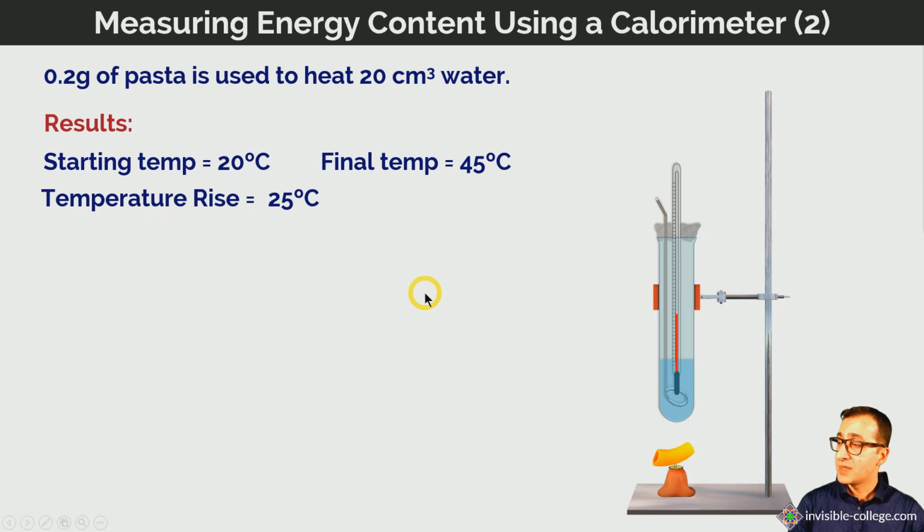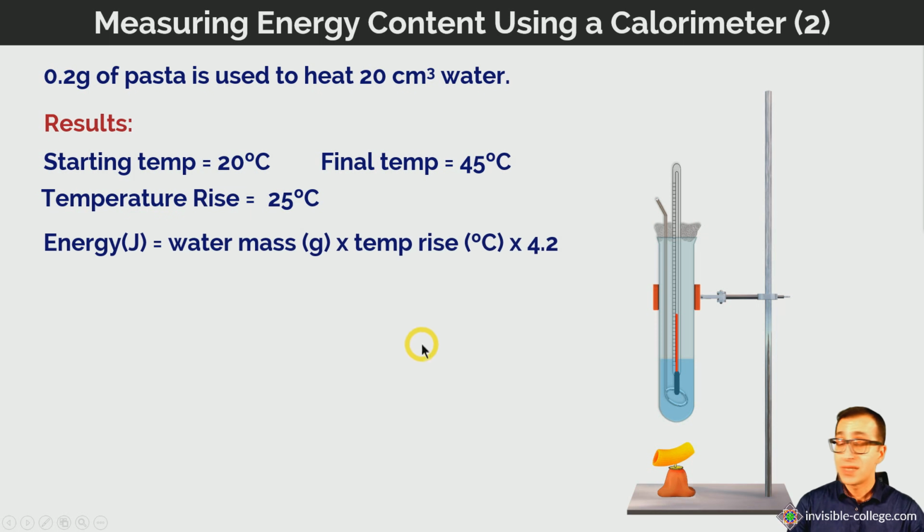So the equation is something that you will have come across probably in GCSE physics. The heat energy change involved when something is increasing or decreasing in temperature is equal to its mass multiplied by its specific heat capacity multiplied by the change in temperature that occurs.